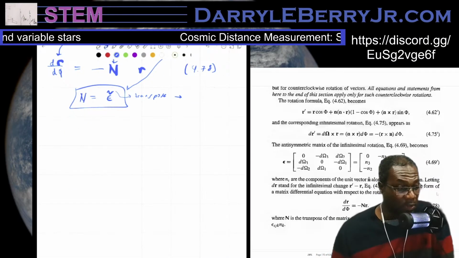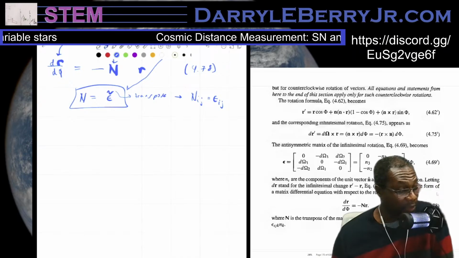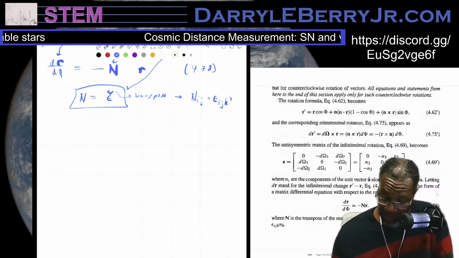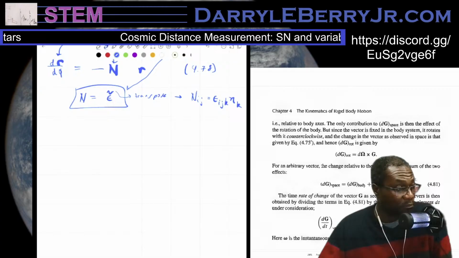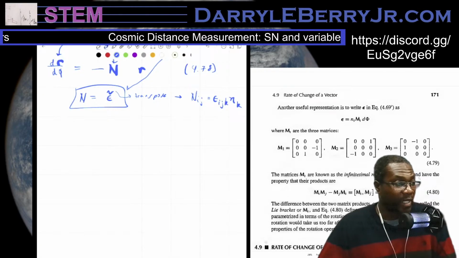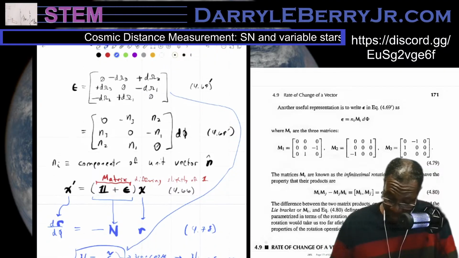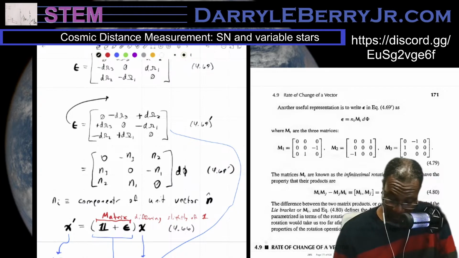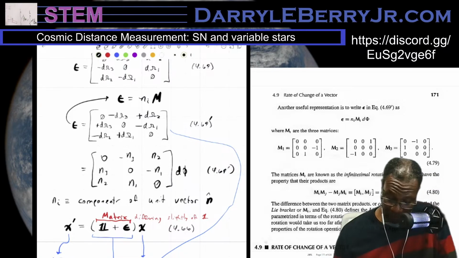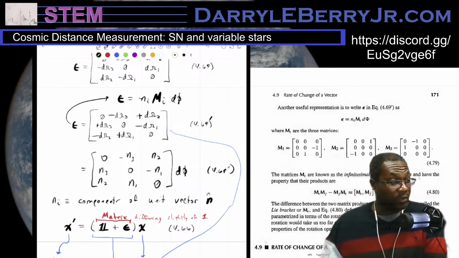The elements N_ij equal epsilon_ijk n_k. Another useful representation is to write epsilon in equation 4.69 prime as... Let me confirm the sum is on this equation here.